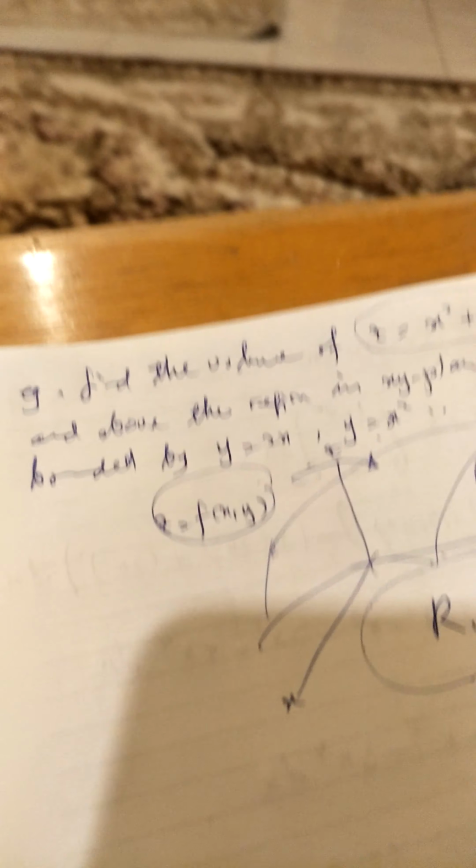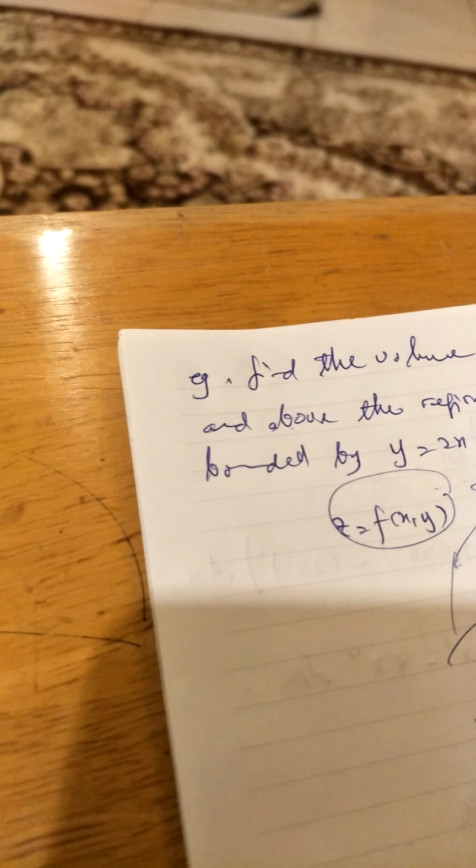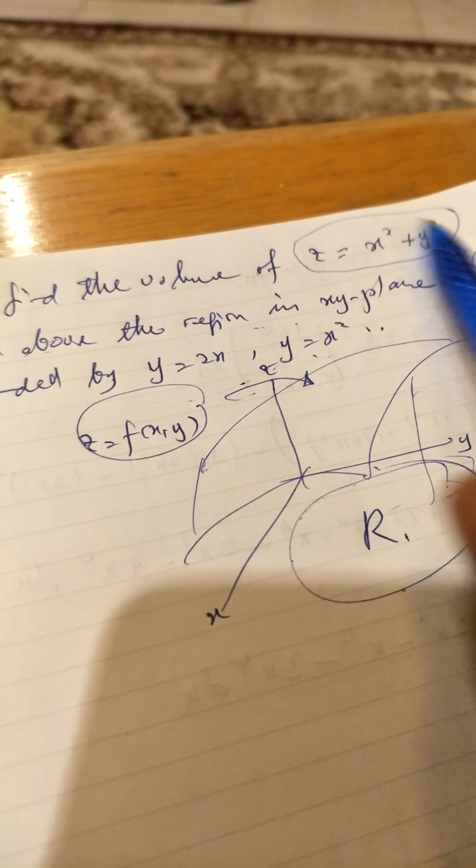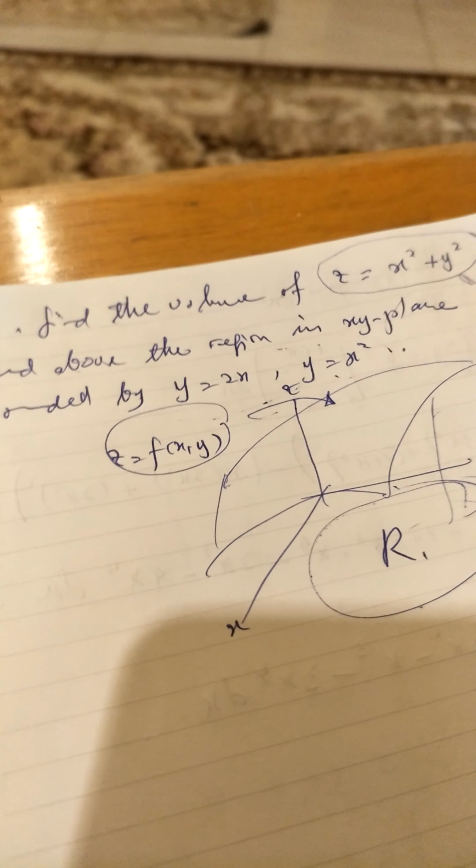In this case, if we sketch the region, remember that we just need to sketch the region, you don't have to sketch this function because that's a bit difficult for the moment.